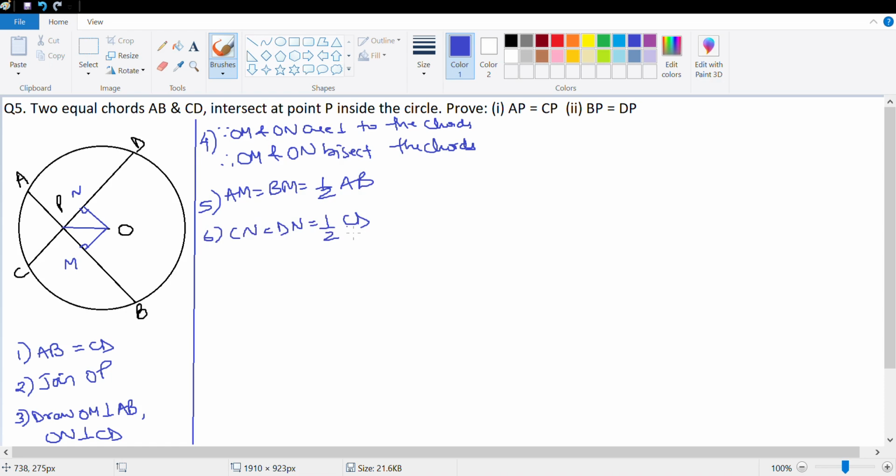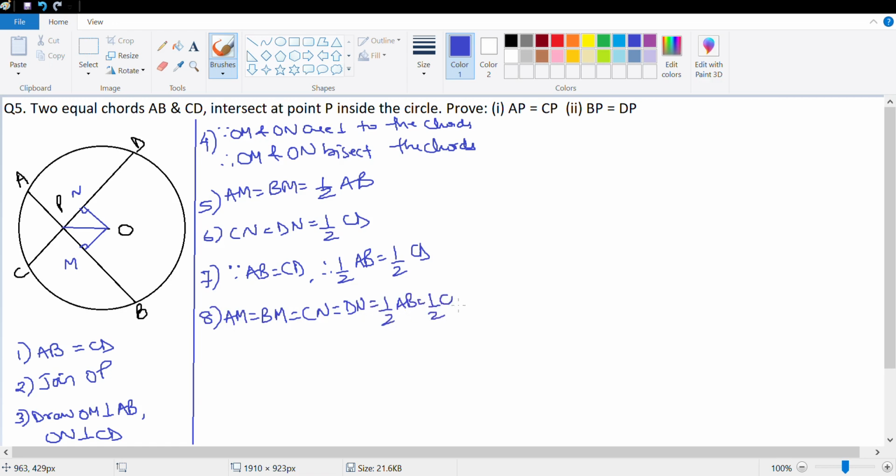But since AB and CD are equal, half of AB and half of CD will also be equal. Since AB is equal to CD, therefore half of AB is equal to half of CD. What this gives me is AM is equal to BM is equal to CN is equal to DN is equal to half of AB is equal to half of CD.